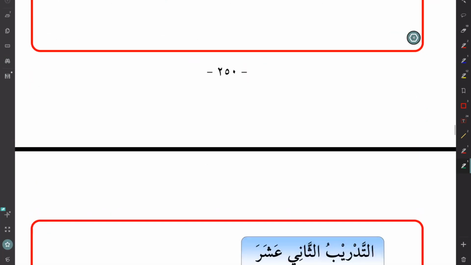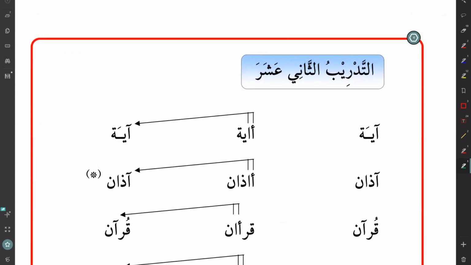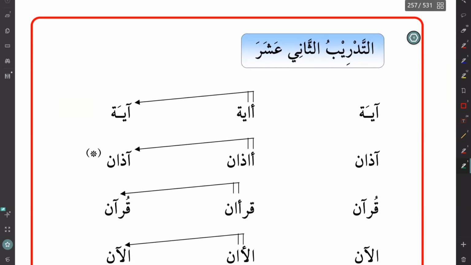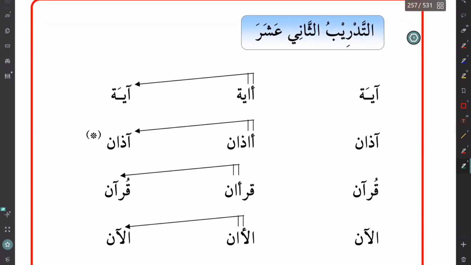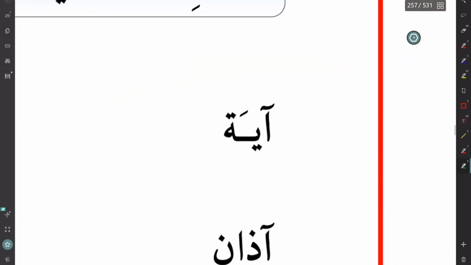Good. Next, the twelfth exercise, which is the 12th exercise. Okay, so this is something they're showing you. It's kind of important because a lot of people do get confused. I've seen in my other class, people getting confused. So you'll see sometimes we have this weird looking symbol on top of the alif.